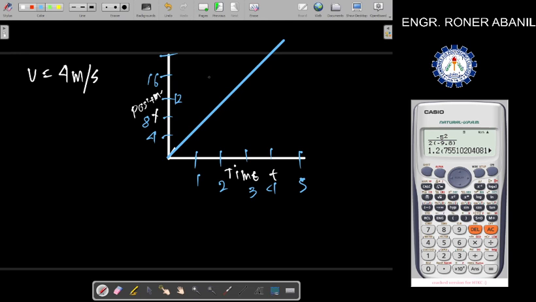The change in time equals 2 seconds. During the time interval, the position of the bike changes from positive 4 to positive 12. So the change in position, change of x, equals 8 meters.